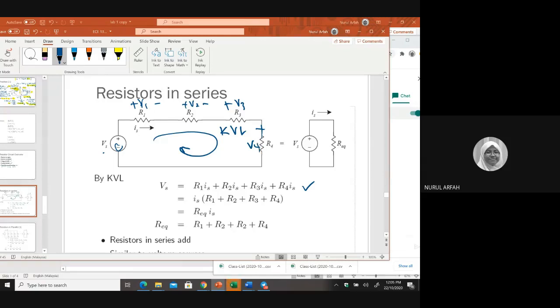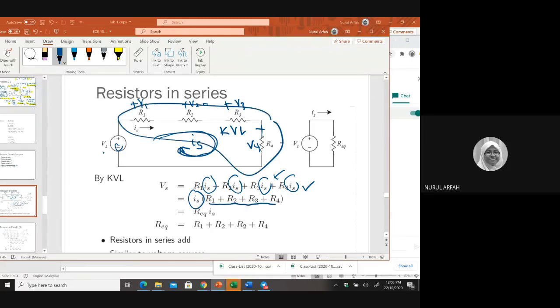Then you just substitute V equal to IR. Because all the currents here are the same current since they are in series, you have the same IS. Then you can bring it to one side, and all the resistance here is actually one single equivalent resistor, which is the R equivalent.